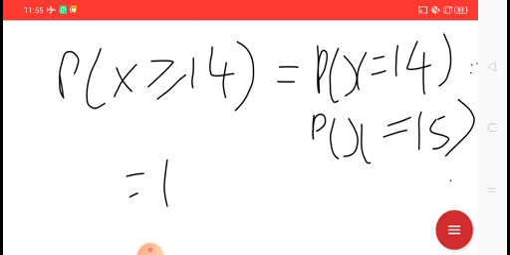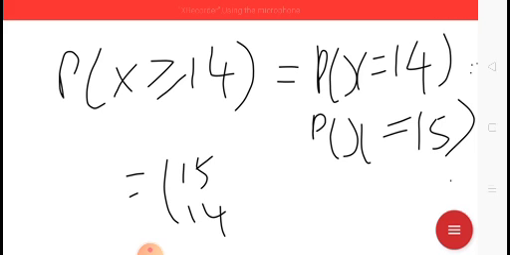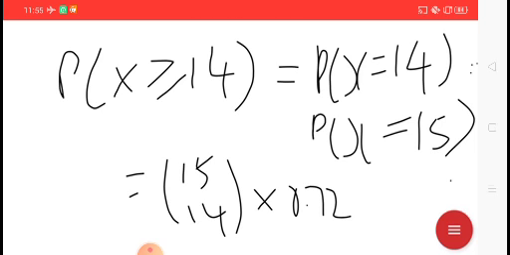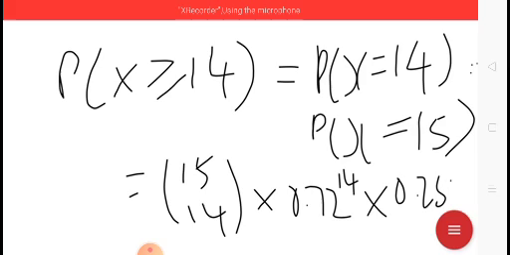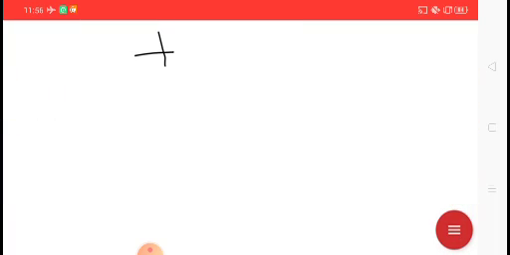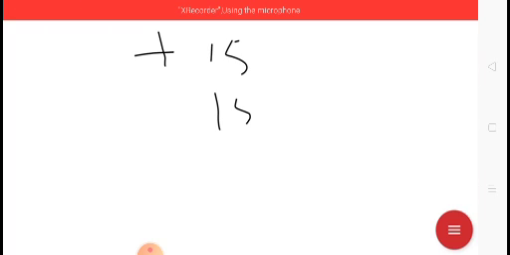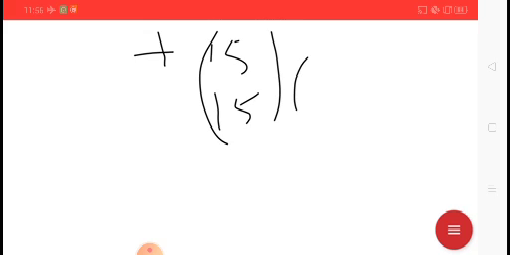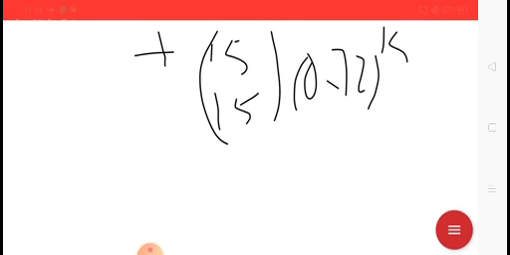So you have 15C14 times 0.72^14 times 0.28^1, and plus 15C15 times 0.72^15, then 0.28 to the power of 0.